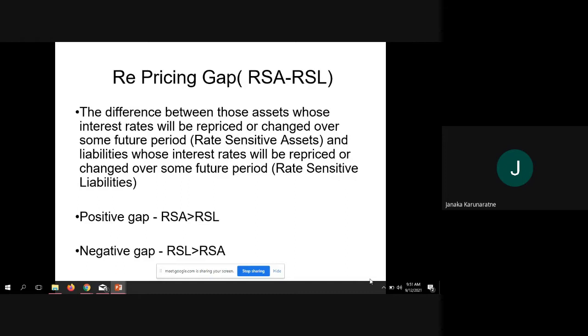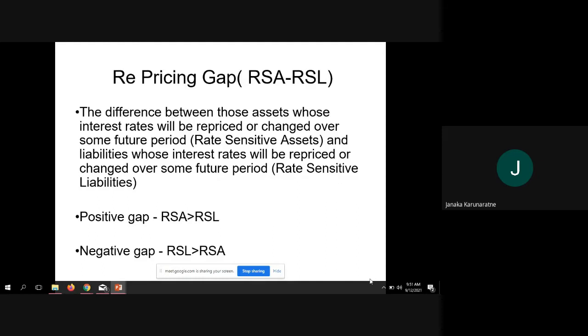Depending on your structure, the gap may be positive, the gap may be negative. If we have a positive gap, that means you have more rate sensitive assets than rate sensitive liabilities.